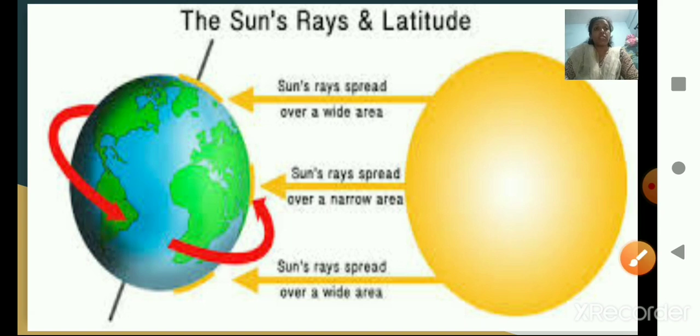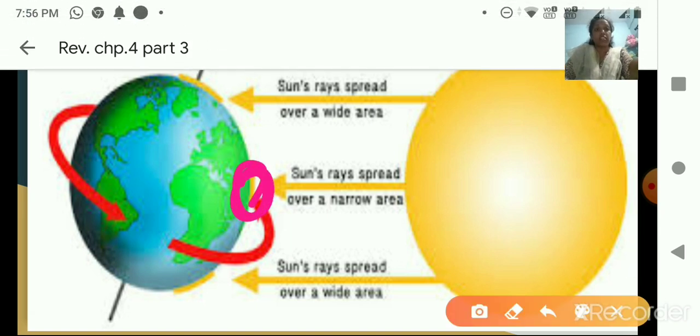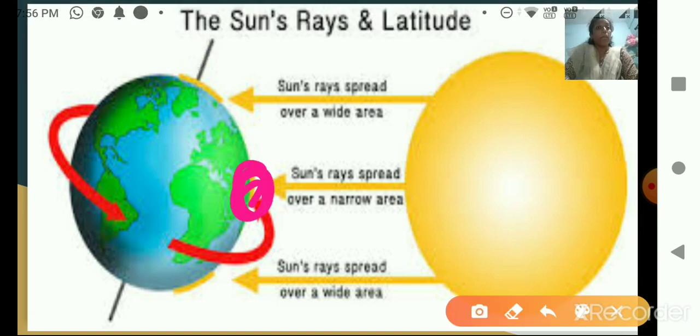Okay, that means these areas get heated more compared to these areas.